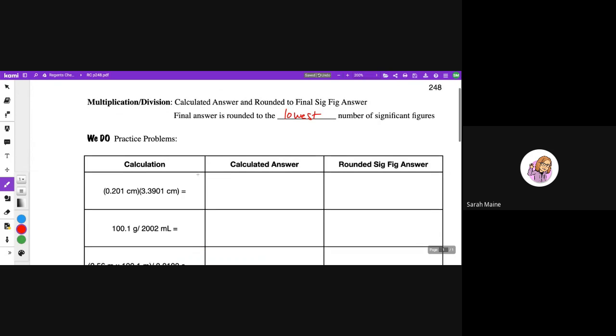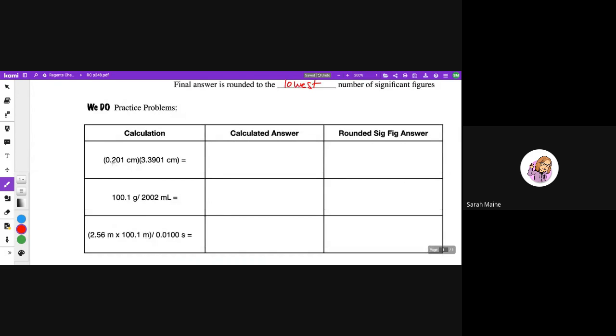So take a look. In your calculator, if you multiply 0.201 times 3.3901, you get a calculated answer of 0.681401. That's the calculator answer. Now to go from this calculator answer to the best final answer, which contains the correct number of significant figures, we go back to our measurements.